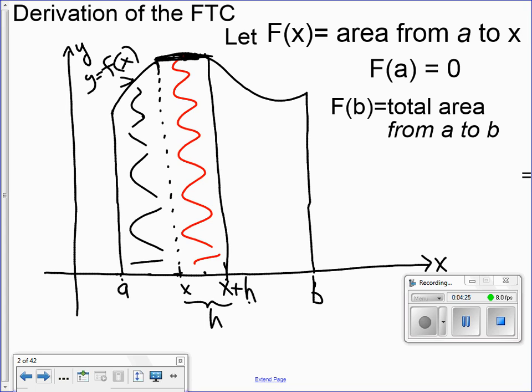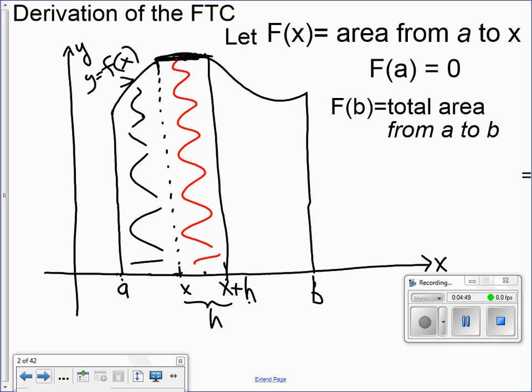Okay. So suppose I just wanted the area of this piece here, which on my board is red. What I could do is collect the area from a to x plus h. That would be F of x plus h. And what would I have to subtract off from that just to get this one band here?